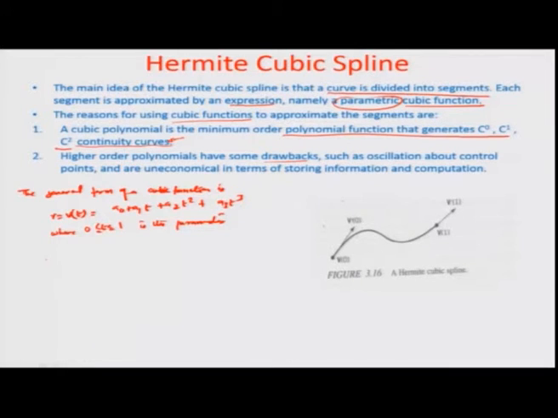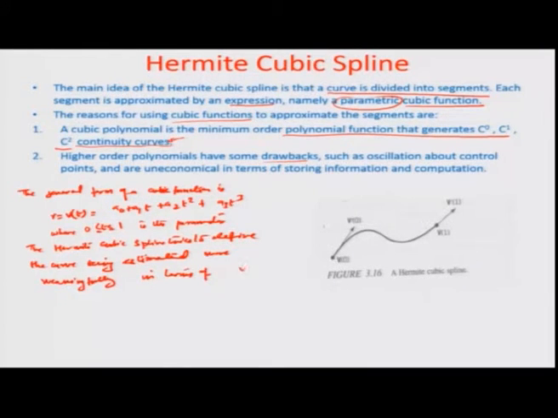The Hermite cubic spline tries to define the curve being estimated more meaningfully in terms of v0, v1, v dash 0, v dash 1.